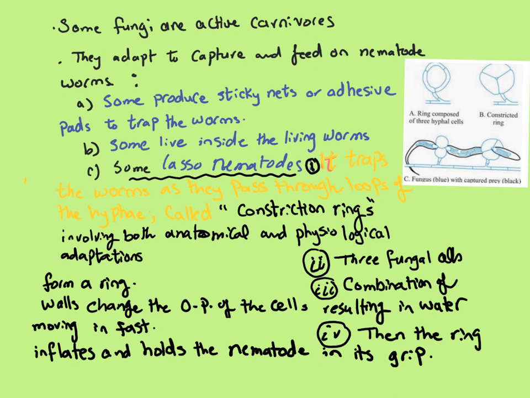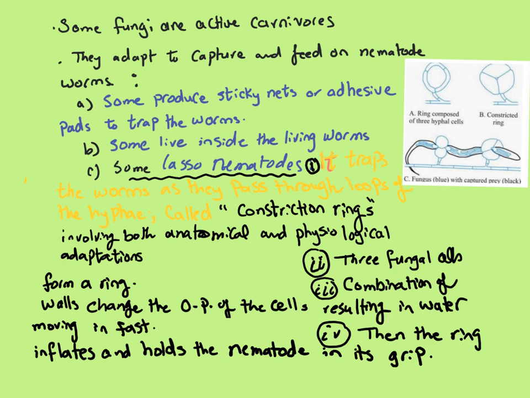First, the fungus is going to make 3 hyphal cells, a constricted ring, where then the walls are going to change the osmotic potential of the cells, resulting in water moving in fast, due to the adhesion of both walls, the walls of the fungal cells and the wall of the nematode. So a change in osmotic pressure happens, resulting in water moving in.